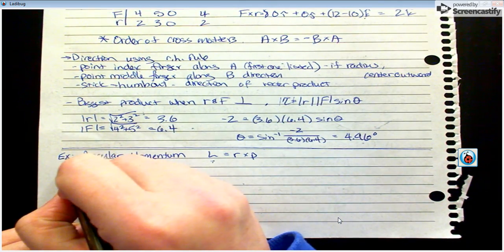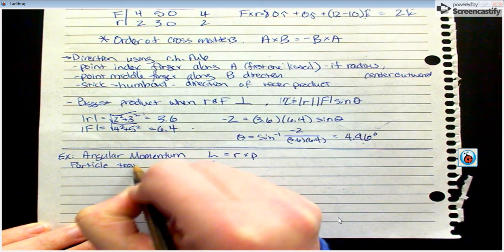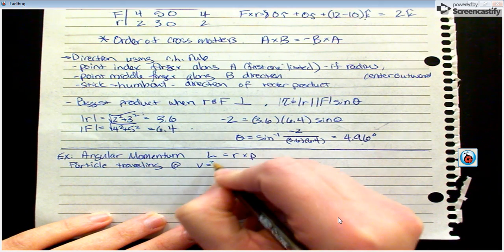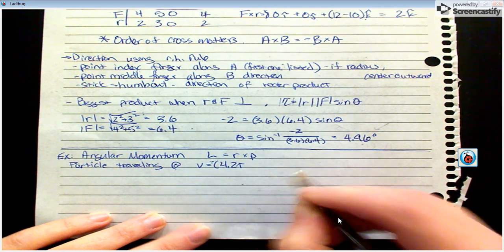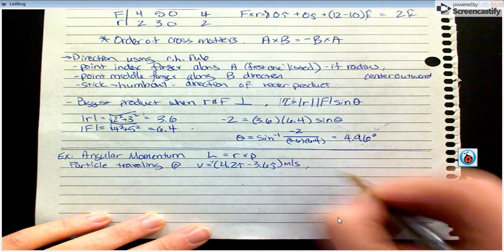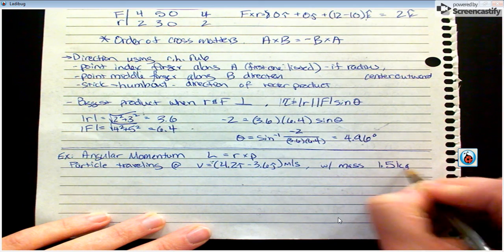So for this problem, we have a particle traveling at a velocity of 4.2 i hat minus 3.6 j hat meters per second, and it has a mass of 1.5 kilograms.